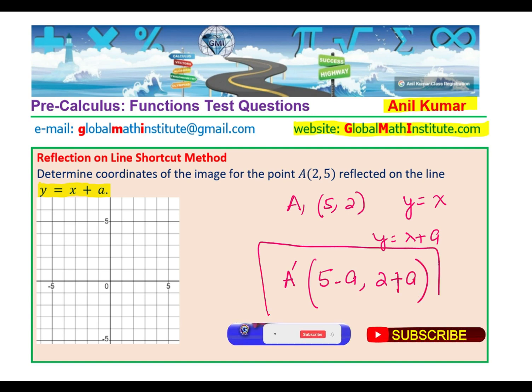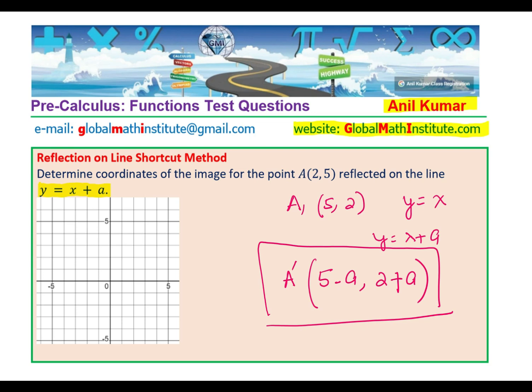So that becomes our image point after the reflection on the line y equals x plus a. I hope that makes sense. This way we could easily get our answer. Perfect.